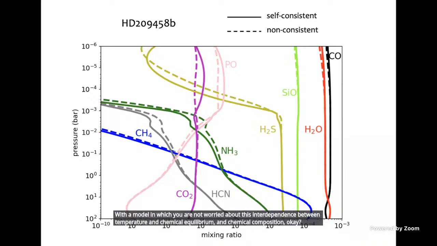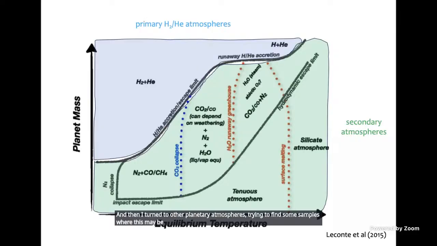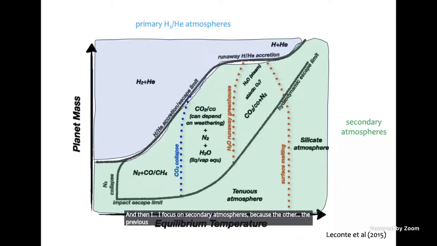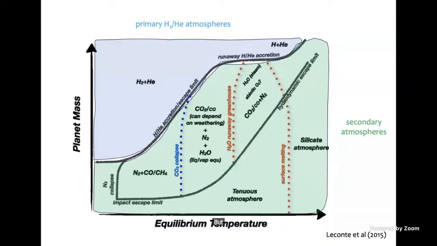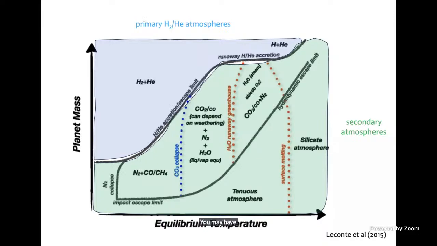Then I turned to other planetary atmospheres, trying to find examples where this may be an important effect. I focused on secondary atmospheres, because the previous ones I talked about were mainly hydrogen-dominated primary atmospheres. Secondary atmospheres are not very well characterized observationally, so you may have very different possible compositions.